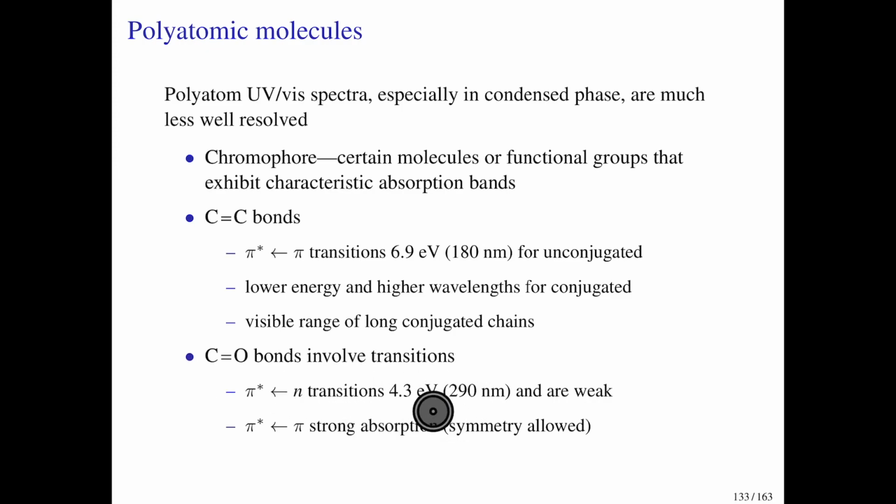It occurs at 4.3 electron volts, roughly 290 nanometers, and those are often somewhat weak transitions because they're symmetry forbidden. Nevertheless, you can still see them because those symmetry rules can be broken or bent, at least.